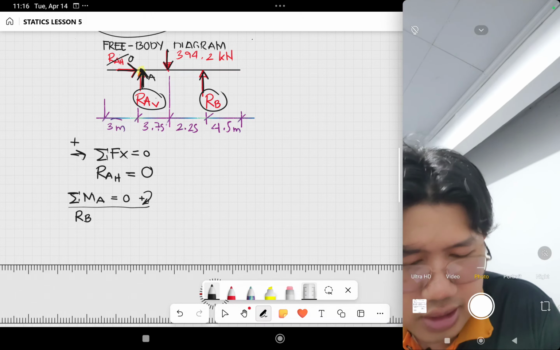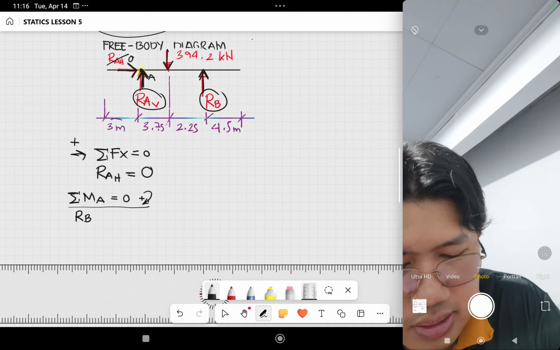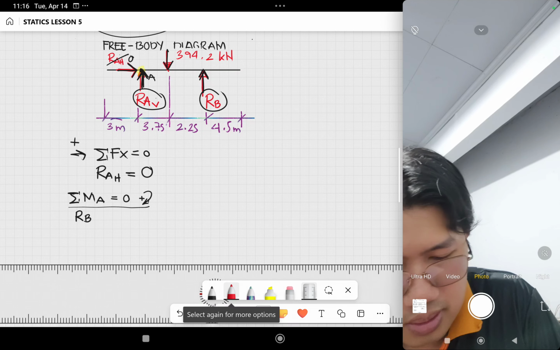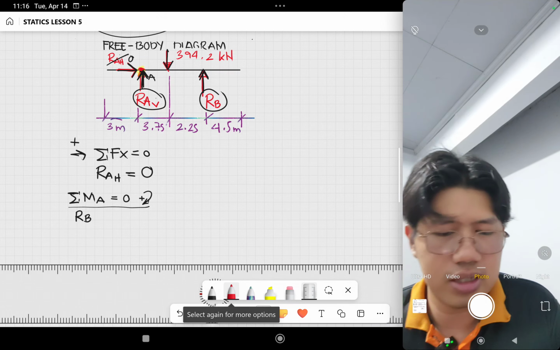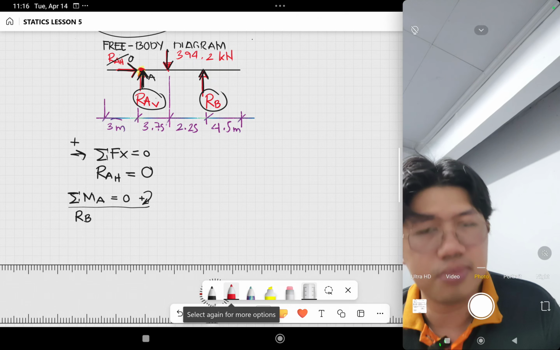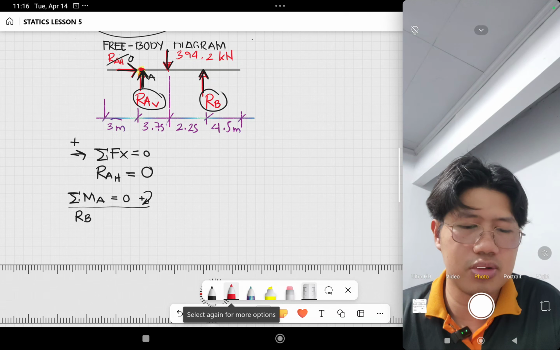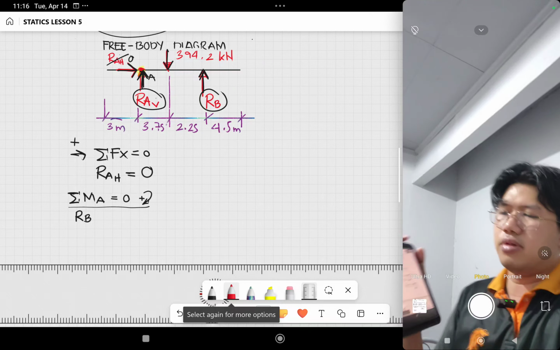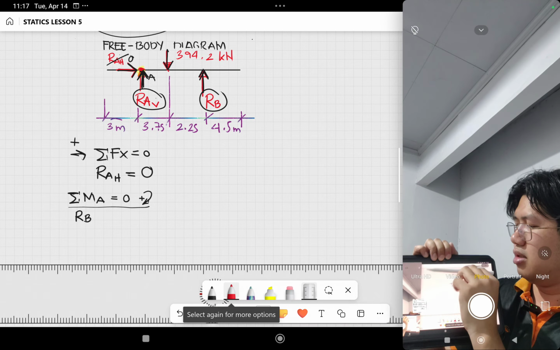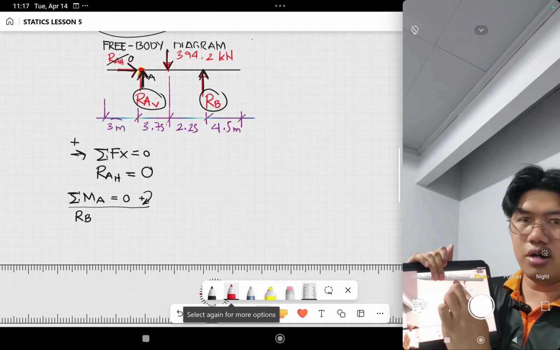ito yung ating point RB. Ito yung point na kino-consider natin. So, ano yung magiging moment ni RB papunta kay A? So, ito yung ating point. Ito yung RB. Okay? So, yun yung RB.